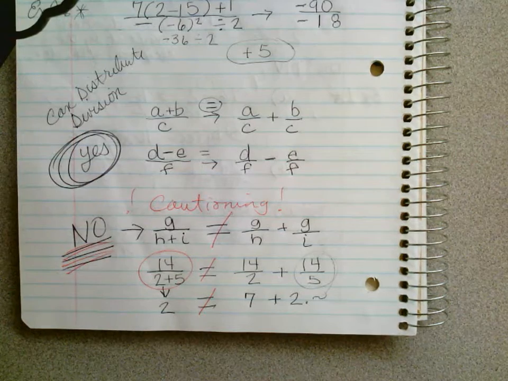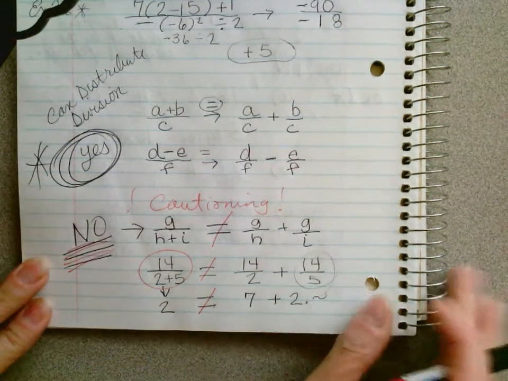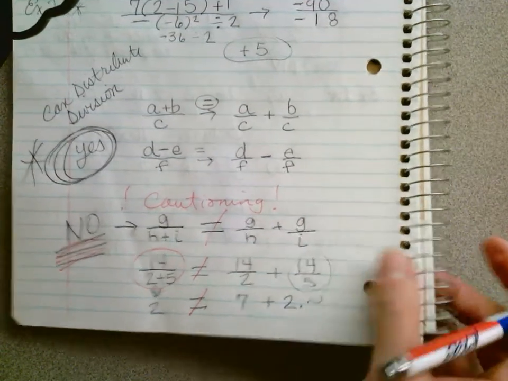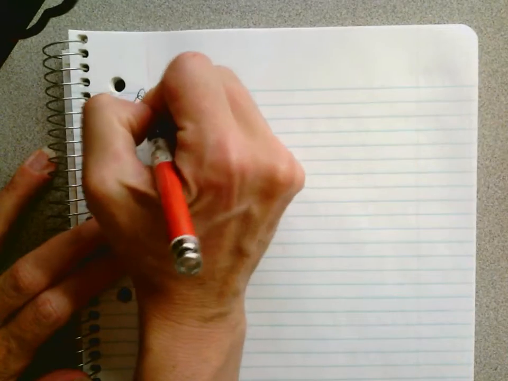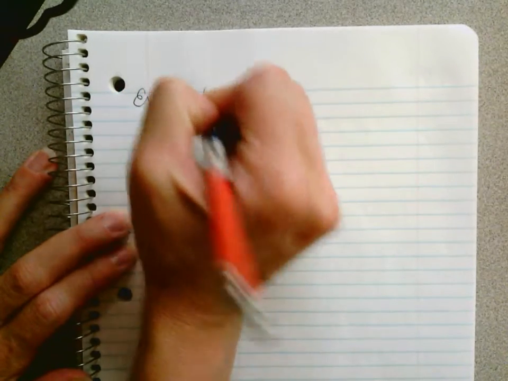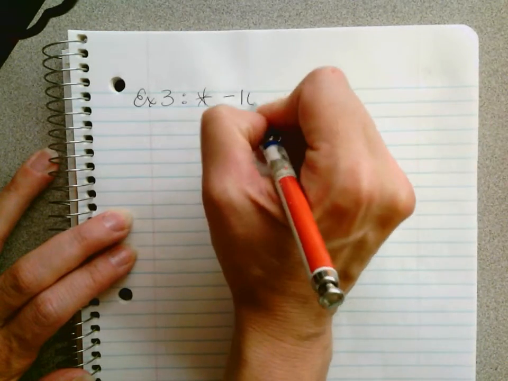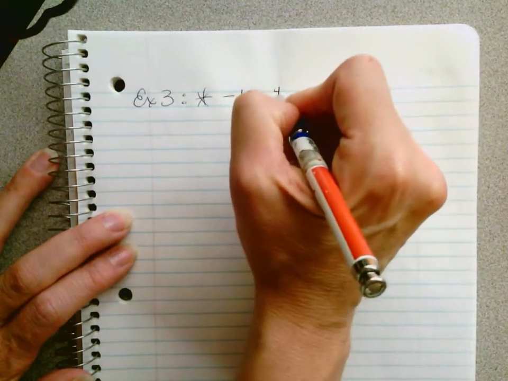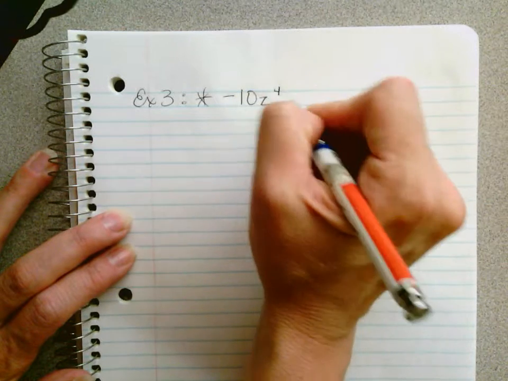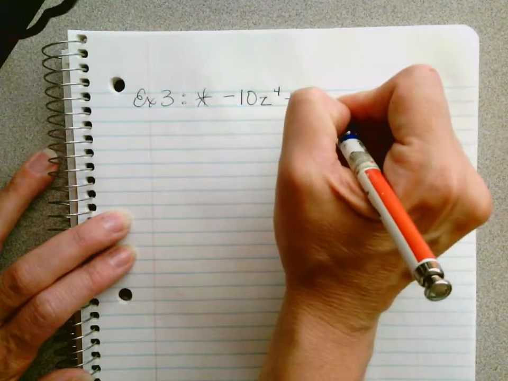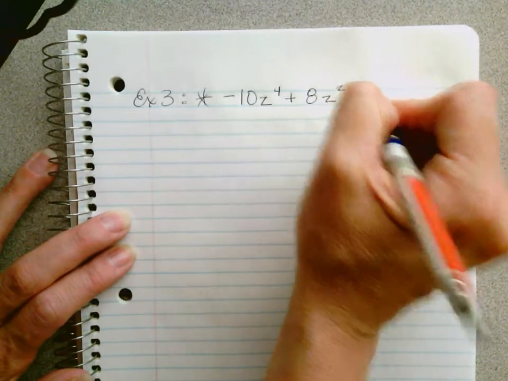Example 3 is an excellent use for this, and I'm going to go ahead and show you an example 3 that I have. This is not theirs, so remember, look back in the book if you want another one. Example 3 looks like this. Negative 10z to the 4th added to 8z squared minus 2.